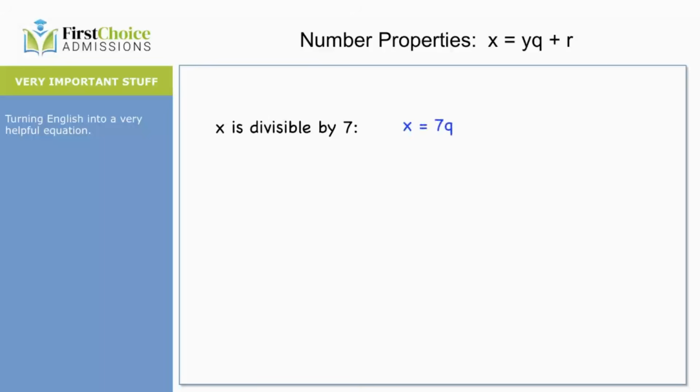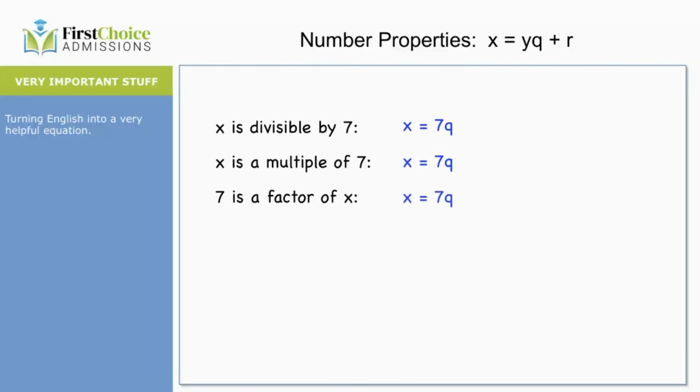The very, very same thing, x is divisible by 7, that is identical to x is a multiple of 7. Those things mean the same thing, and it's a little easier in that wording to see how x equals 7q. There's another way to say the exact same thing. 7 is a factor of x, and guess what that means?